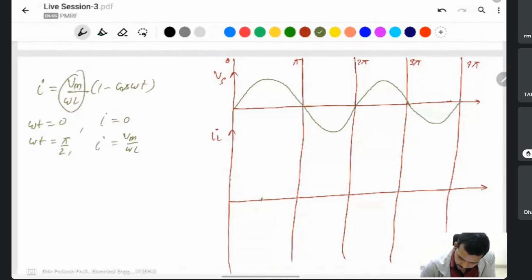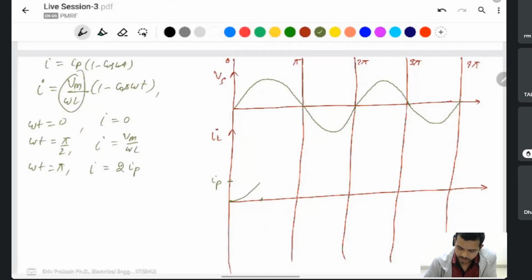We can also write IP as the peak value, so the current equation is I equal to IP (1 minus cos omega t). When omega t is equal to pi, I will be 2 IP, so the current magnitude will double.